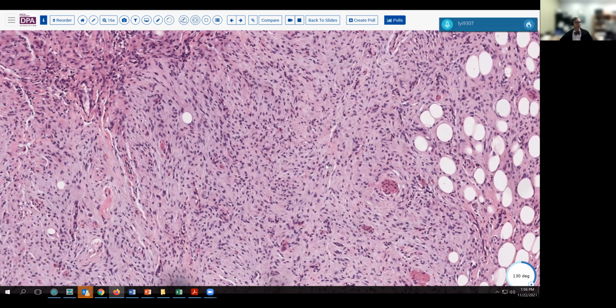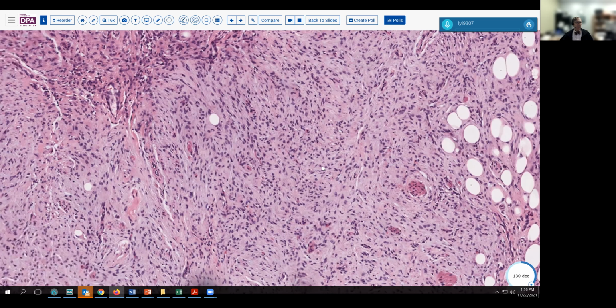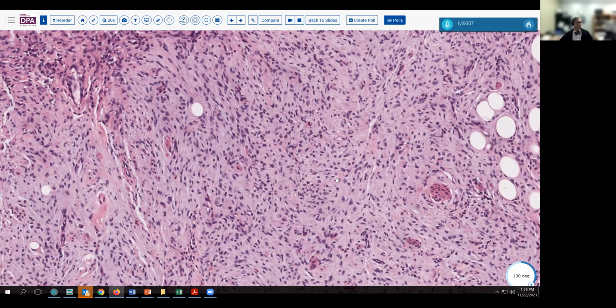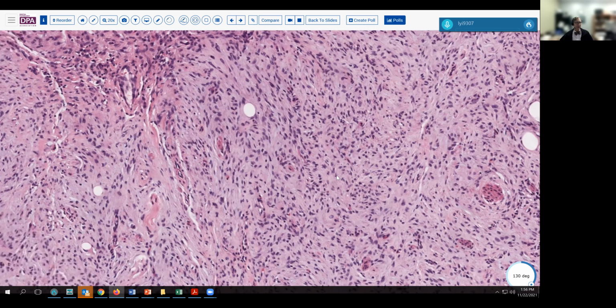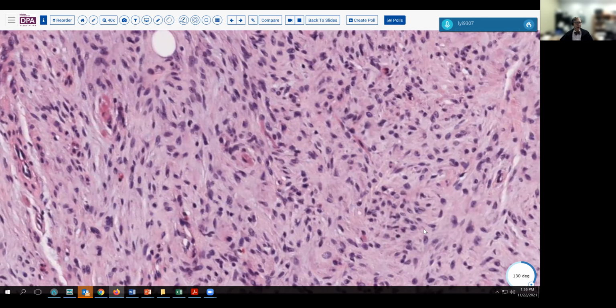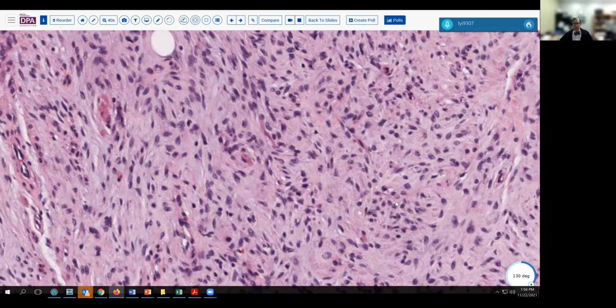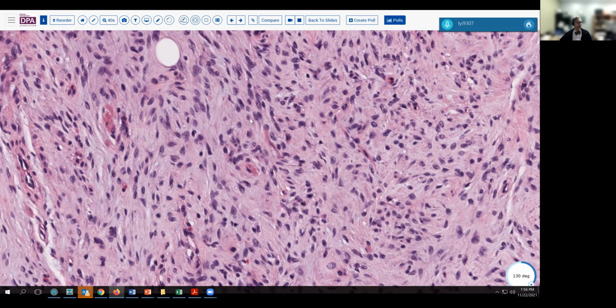So that pattern of infiltration is very helpful. This tumor is fairly low grade. You can see that the nuclei are not highly pleomorphic, and the tumor cells do not have any high degree of mitotic rate or anaplasia as we look at it.